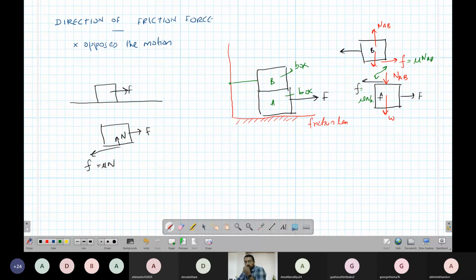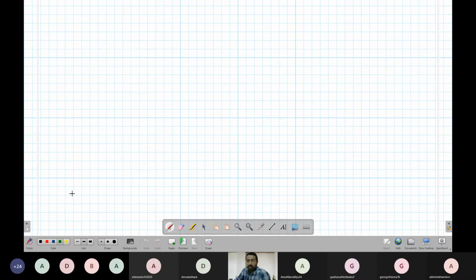So this is how friction force acts. Now we will have to see some more example problems, but before that I just want to get familiar with the friction force direction. So let's say we have a small wedge like this.